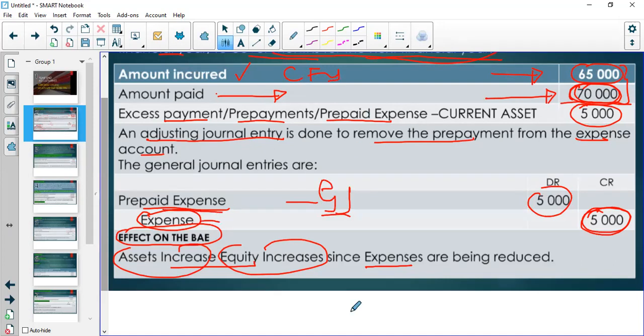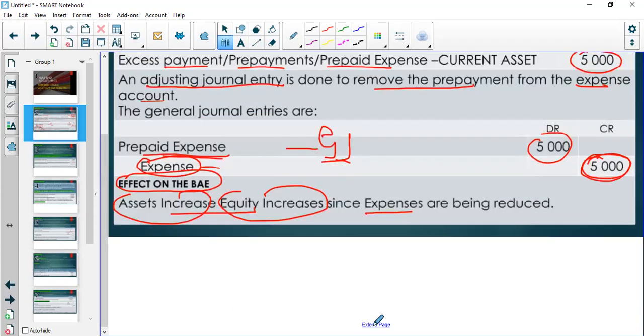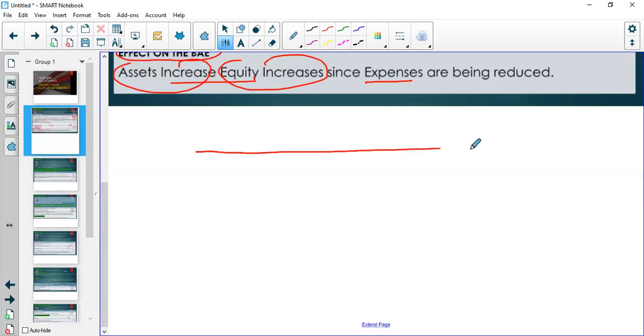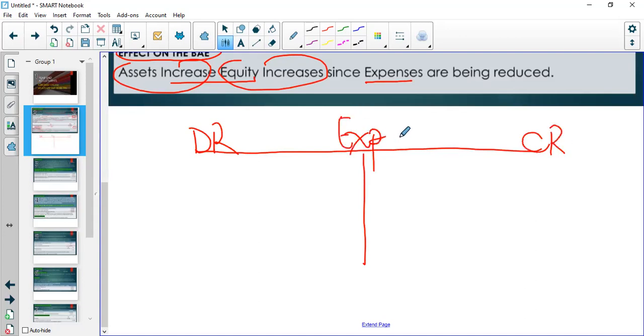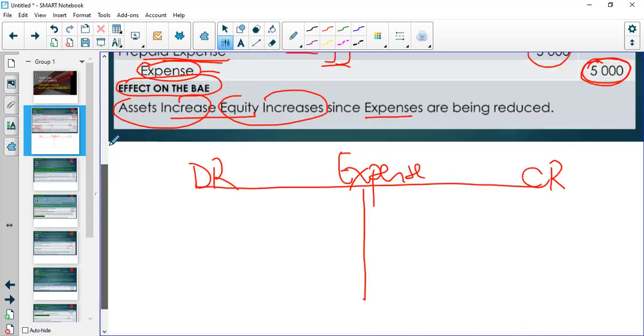So if we do that, you will see in the expense account, for example, let's just give it by way of example. All right, so that's going to be our expense account with a debit and a credit side. So originally we had recorded 70,000, remember? So we have 70,000 here, but this is too much.